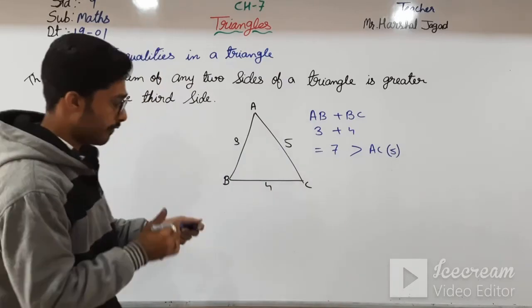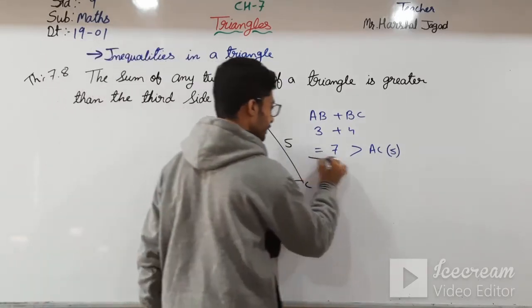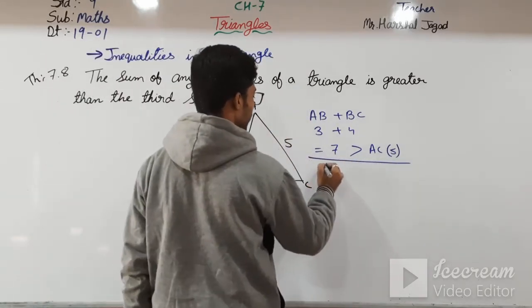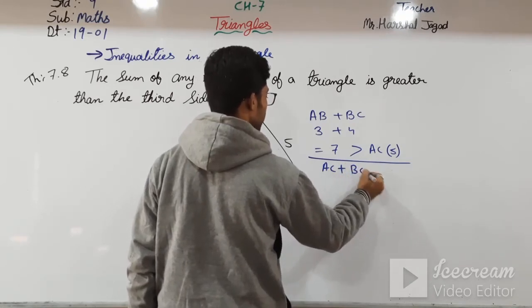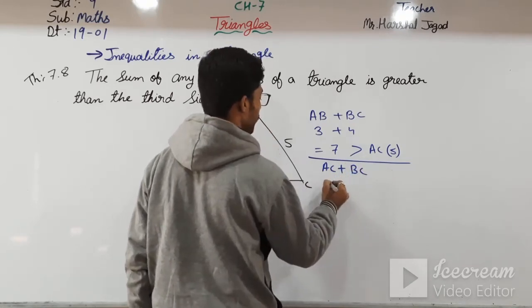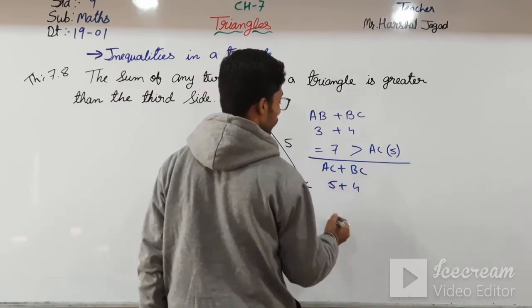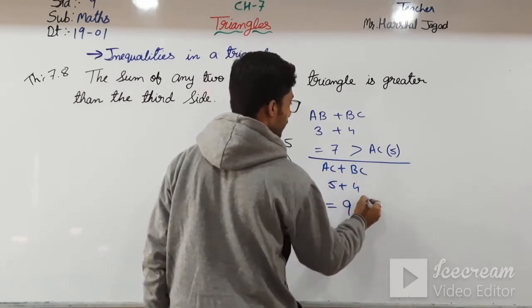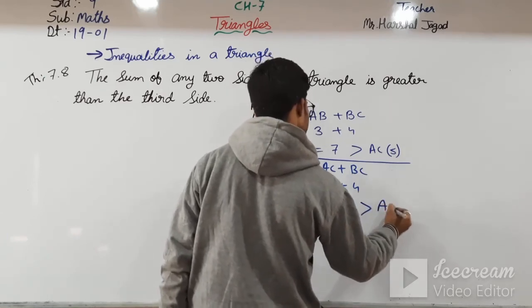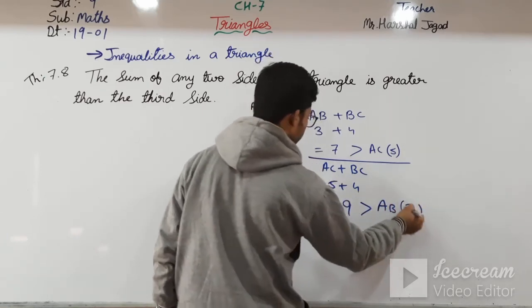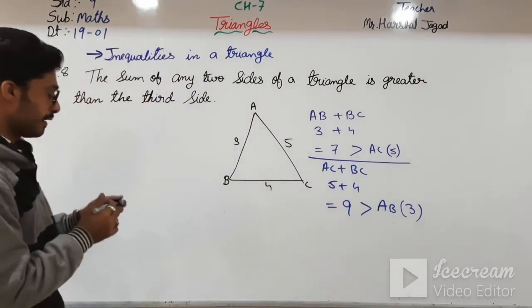Then if I say AC plus BC, AC is 5 and BC is 4, then it will be 9, which is greater than AB, which is 3. So you can see the condition is satisfied.